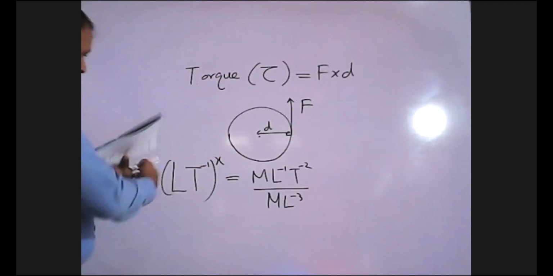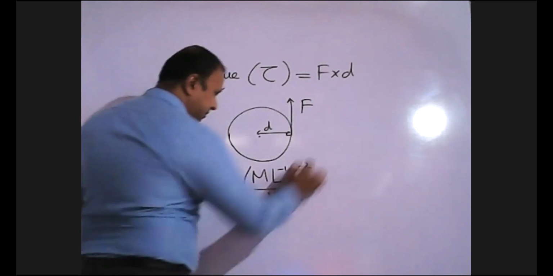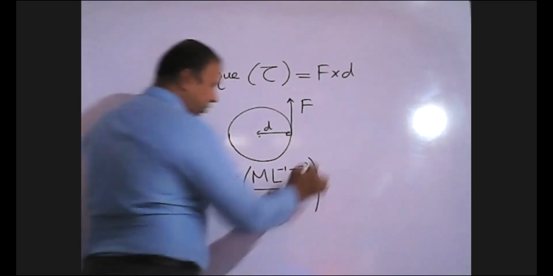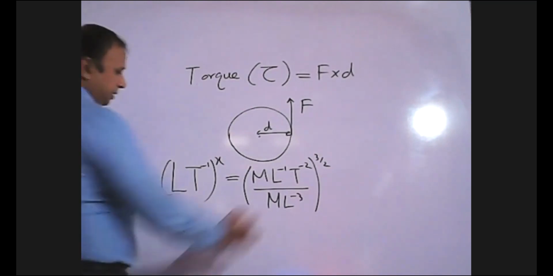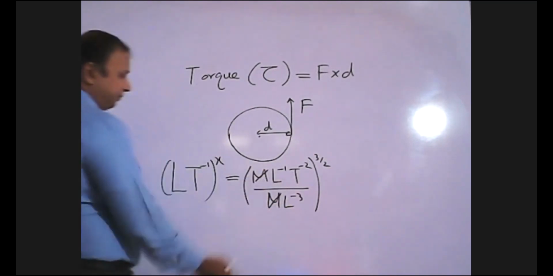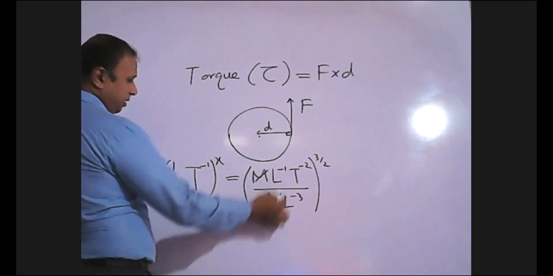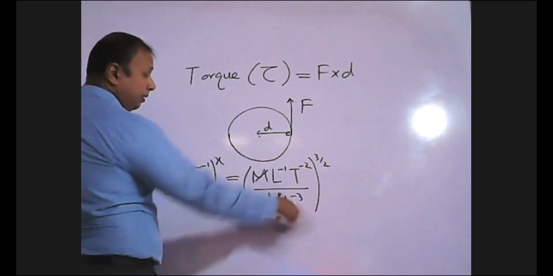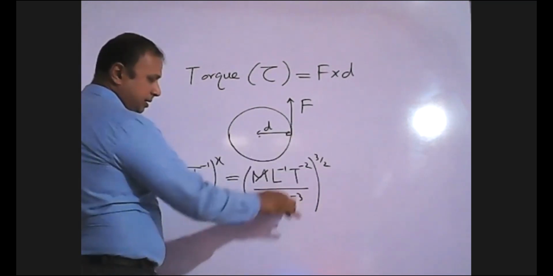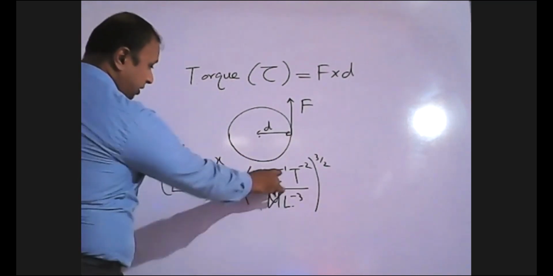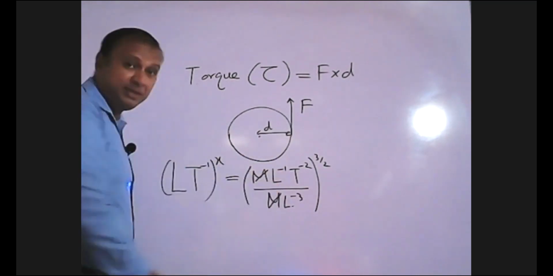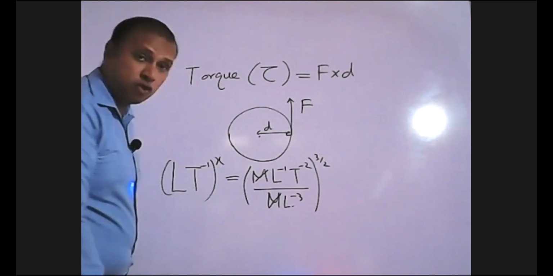So this to the power X. This is to the power 3 over 2. So you can simply calculate this one. If I bring this L minus 3 to the numerator, it will become plus 3 minus 3. Plus 3 minus 1 means plus 2.